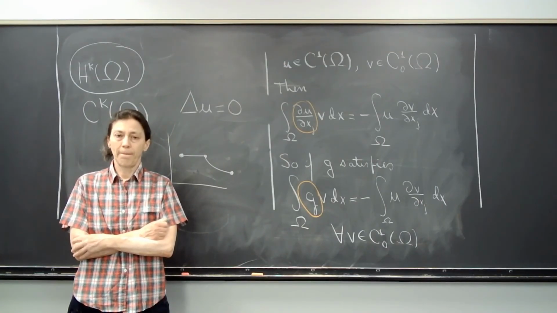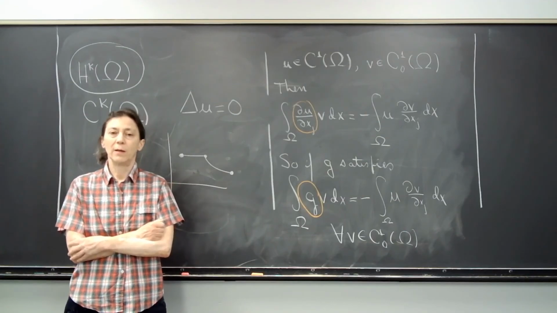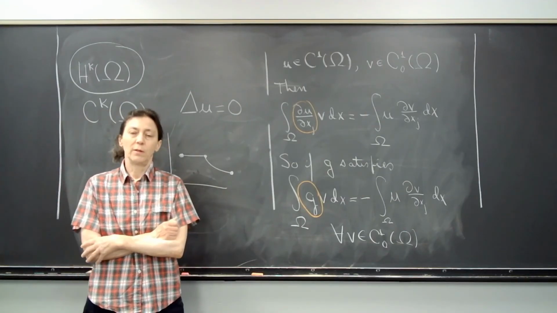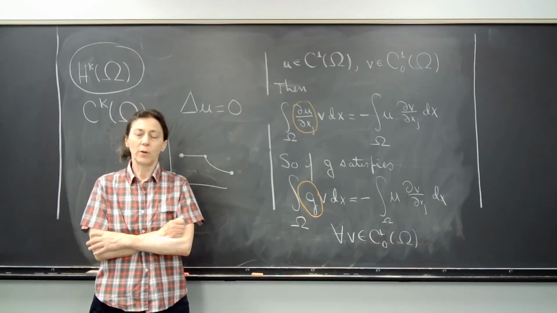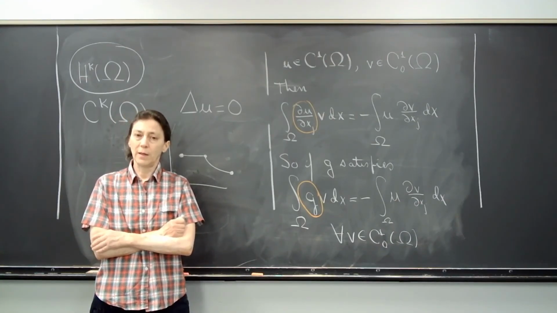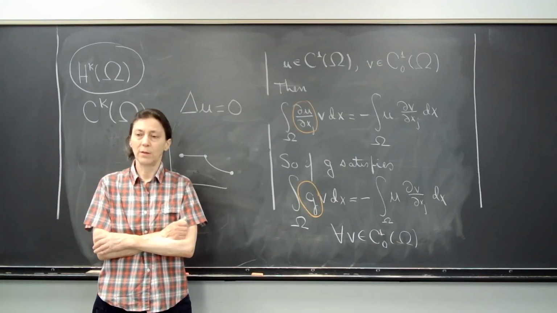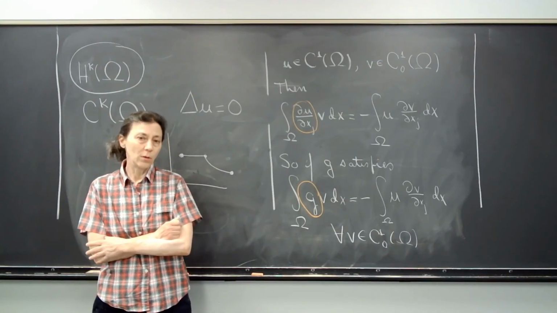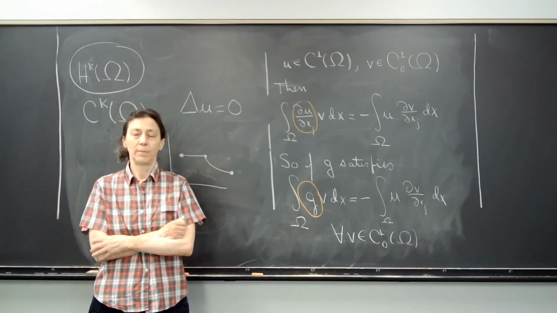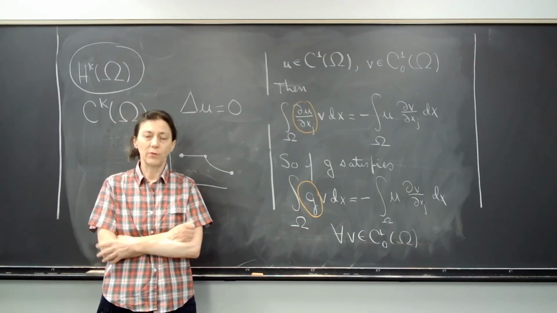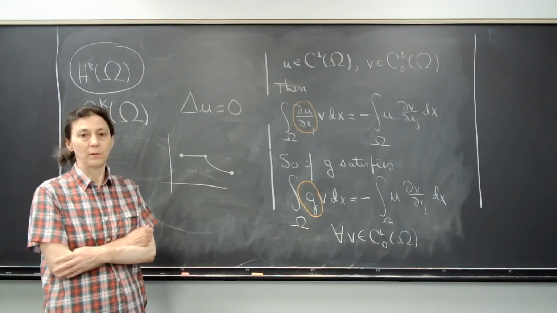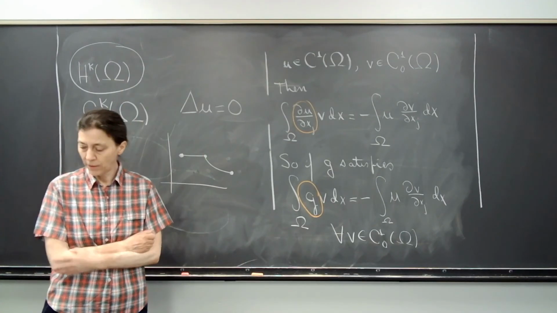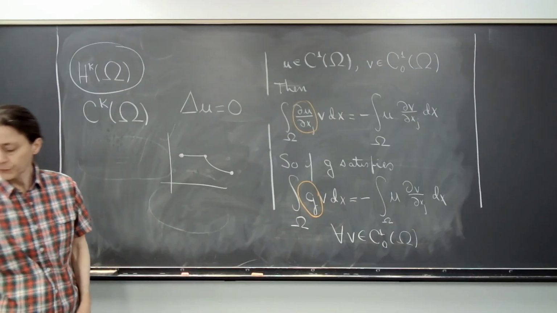But think about the implications. If a function solves those two little first order equations, then it's analytic. That means it possesses derivatives of all orders, and not only that, it has a convergent series expansion. It doesn't get any stronger than that.